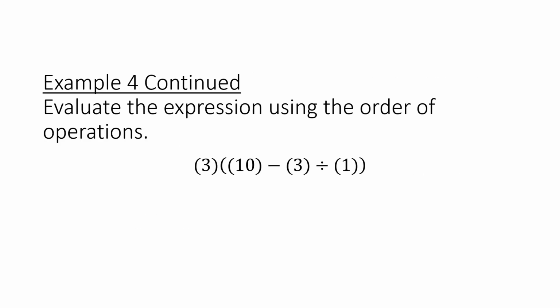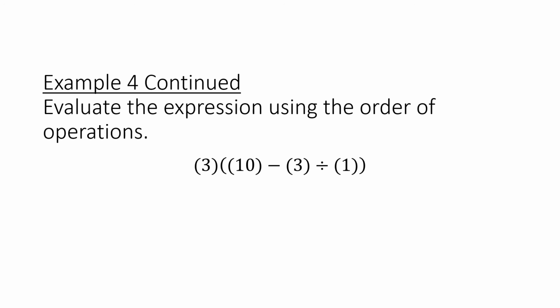So now we're ready to evaluate, and we're going to follow the order of operations. We do have parentheses here. We have that 10 minus 3 divided by 1. That's all in the parentheses. So then we're going to follow order of operations here, and we're going to do the division first, because that goes before the subtraction.